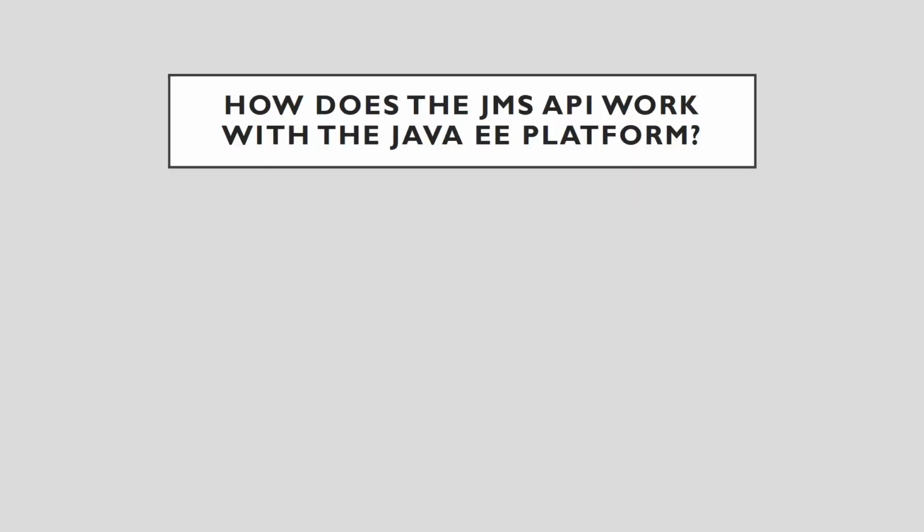Now, how does the JMS API work with the Java EE platform? When the JMS API was introduced in 1998, its most important purpose was to allow Java applications to access existing messaging-oriented middleware, such as MQSeries from IBM.